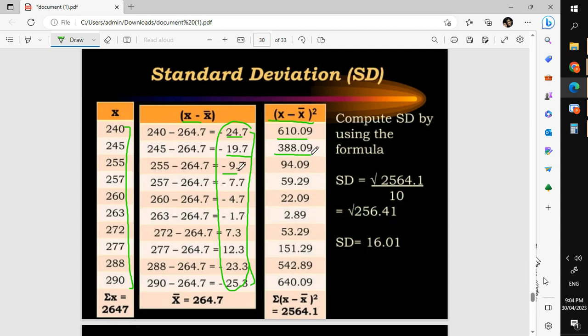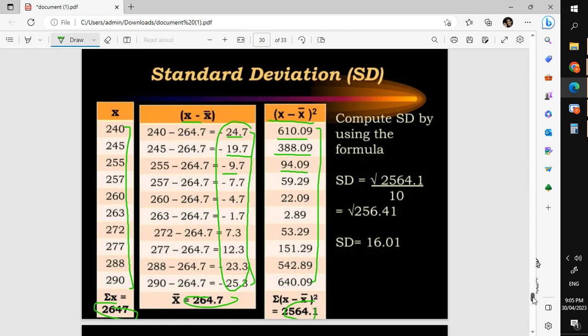And then after na po, negative 9.7 squared or negative 9.7 times itself, you will have 94.09. The same process for the given values below. Then you sum it up, you will come up with 1,564.1.